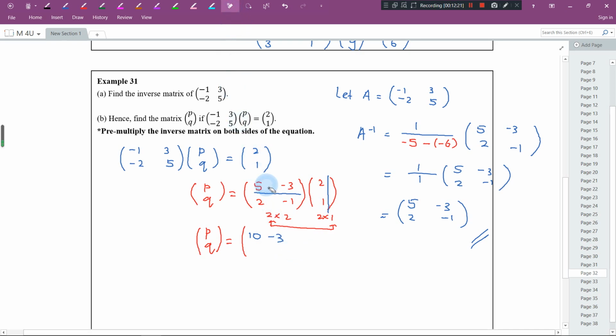Now let's move on to the second row: 2 times 2, you will get 4, negative 1 times 1, you will get negative 1. So PQ is equal to 10 minus 3, you will get 7, and 4 minus 1, you will get 3. Okay, so PQ is 7, 3. This is the way we get the matrix PQ.